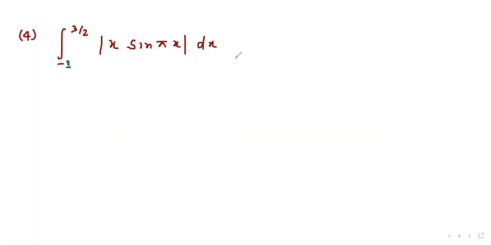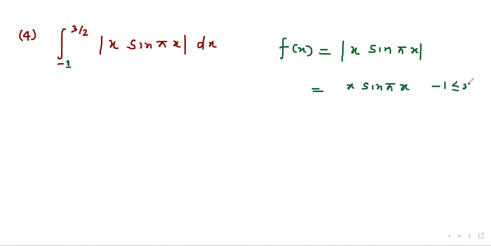Here, this function can be written as f(x) equal to modulus x sine pi x, which will become x sine pi x in the interval minus 1 less than x less than 1, and it will become minus x sine pi x when the interval is 1 to 3 by 2.